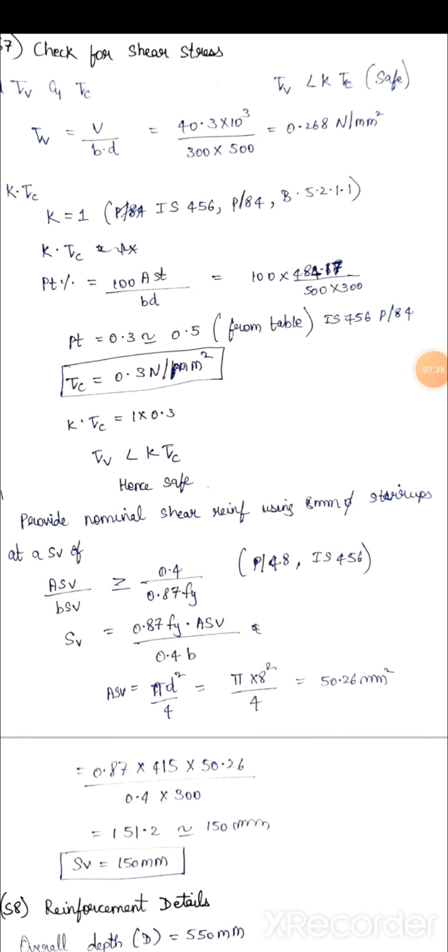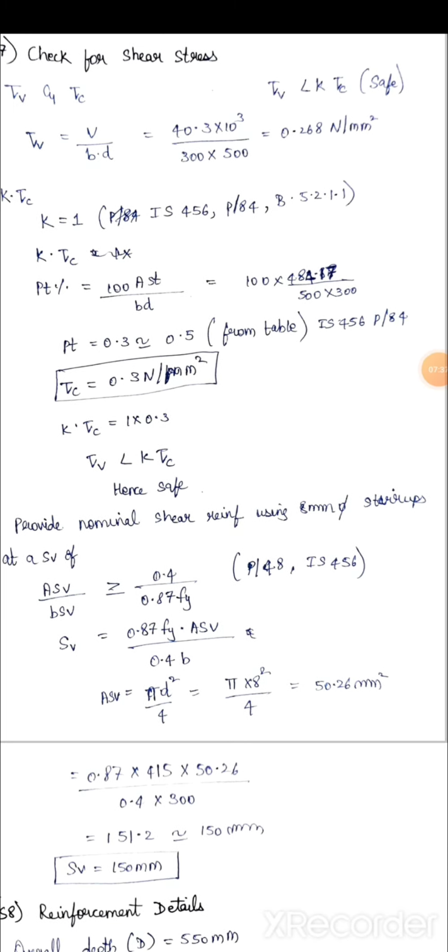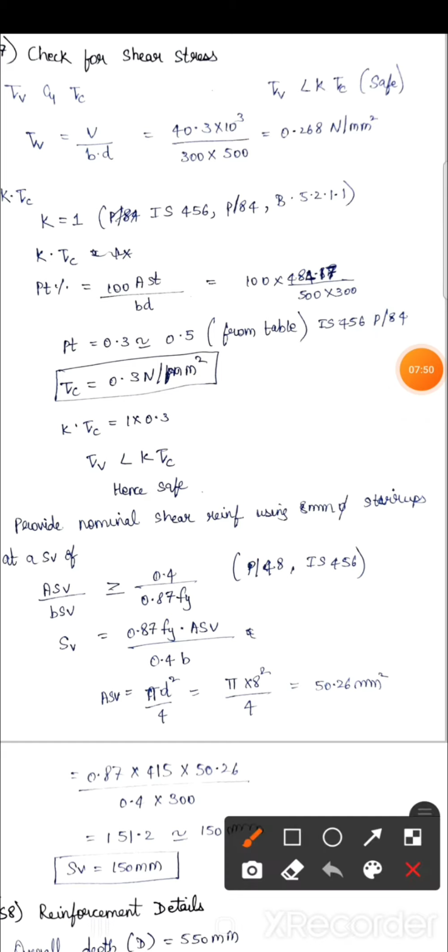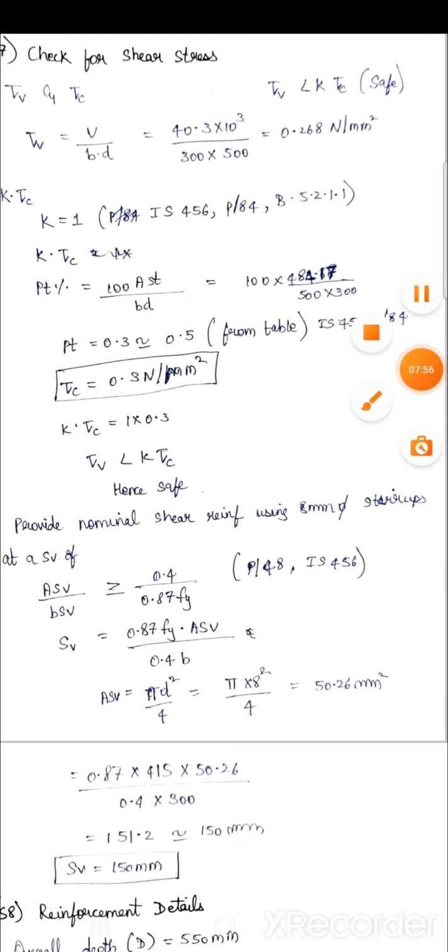So percentage value is 0.5. Now we must refer IS456 page number 84. From the table, using percentage value, we must find tau c value. So the tau c value is 0.3 Newton per mm square.